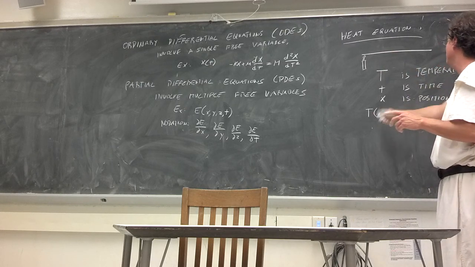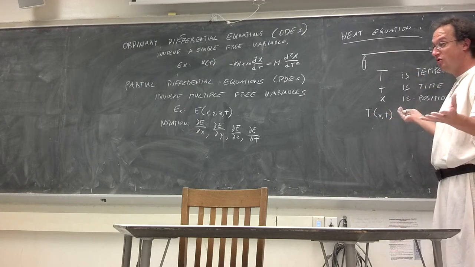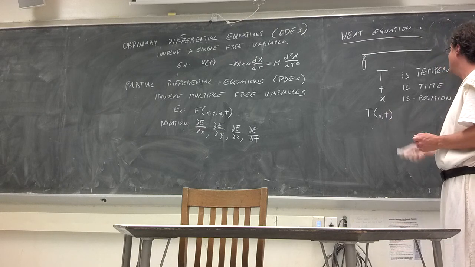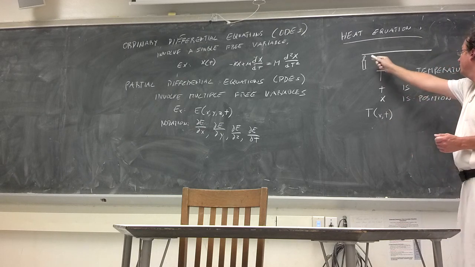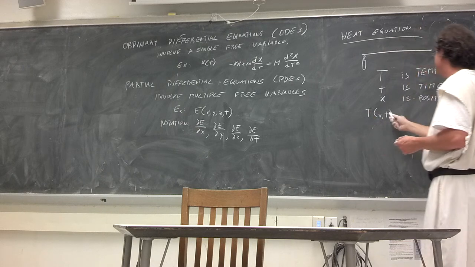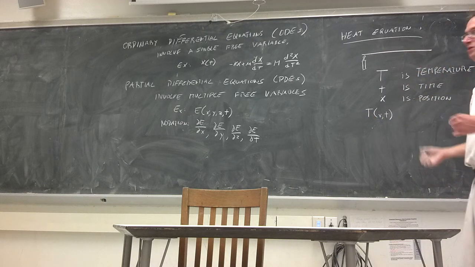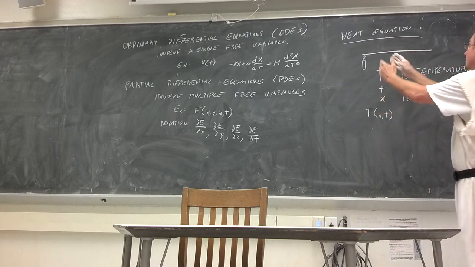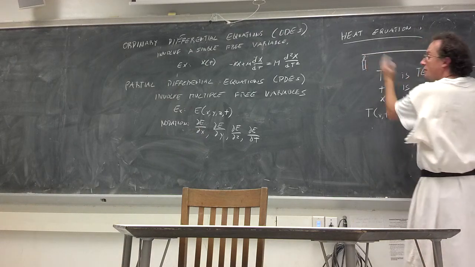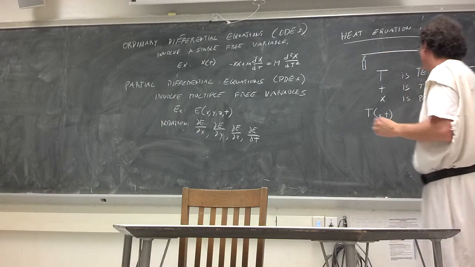It has two free parameters, both x and t, with position along the rod measured in meters perhaps, and t measured in seconds, because as time progresses, the temperature is going to change, the rod is going to heat up, there's going to be heat transport here.